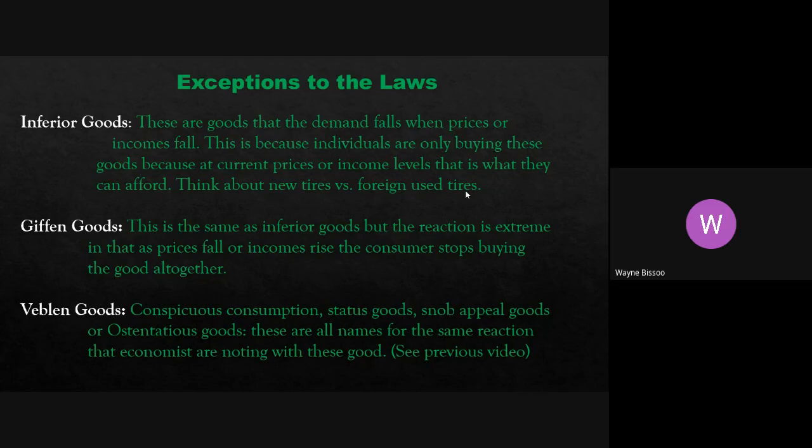But if that good starts to become accessible, which means the price is falling, then they're not going to buy anymore. They will stop buying that good and buy more of the good that is more expensive to remain exclusive. So those are the exceptions to the law of demand. That making sense, guys?